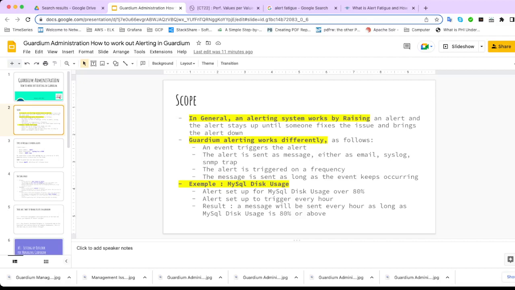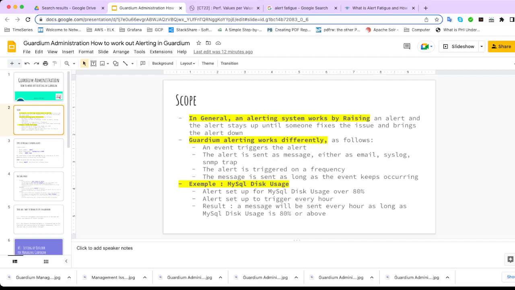The alert is triggered on a specific frequency you set up, and the message is therefore sent on that frequency as long as the event keeps occurring. So, for example, let's take an alert on MySQL disk usage.